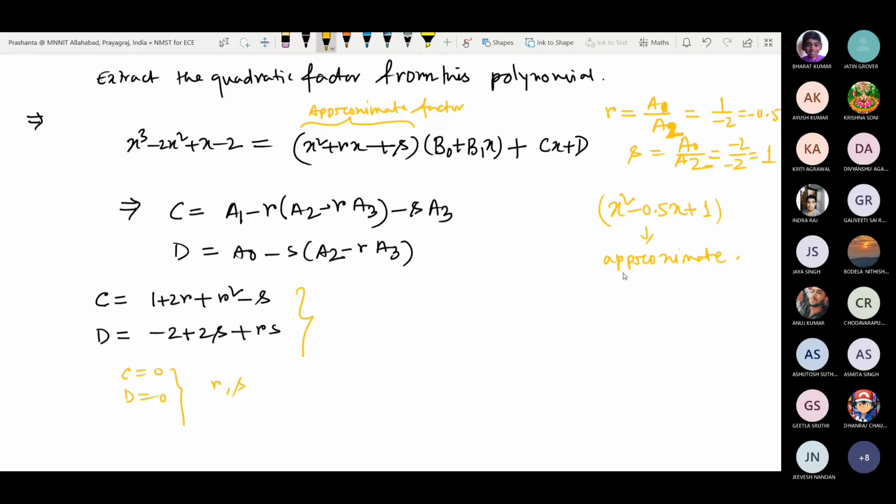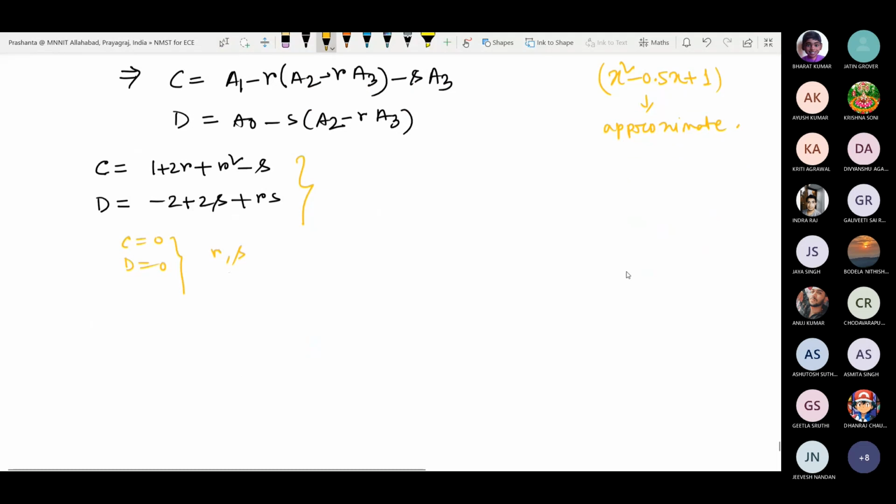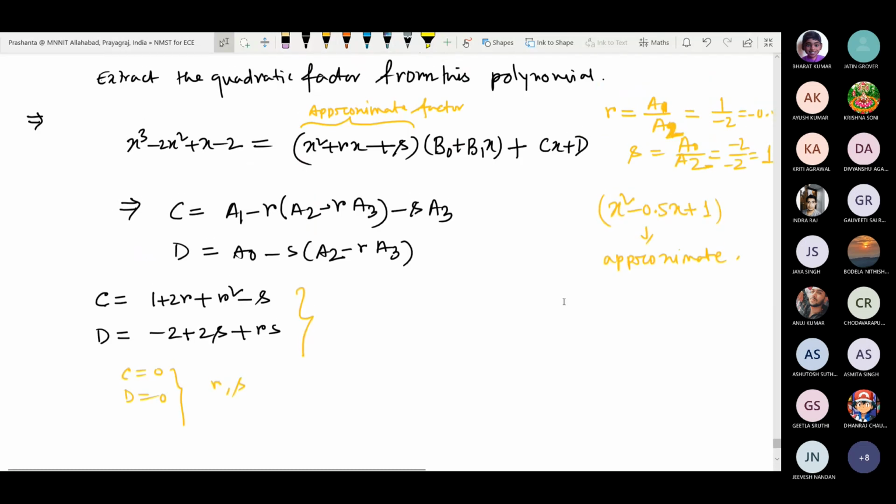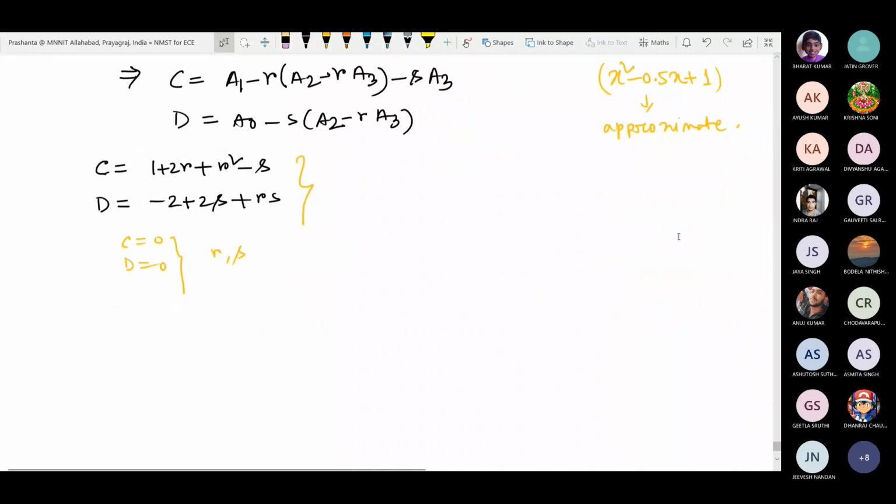So basically you will be solving R and S from C equals to 0 and D equals to 0. In general, solving a system of nonlinear equations is very difficult. So that is why you will have to adopt some iterative procedure to solve R and S from C and D equals to 0. That is why we started with some initial guesses of R and S. R was minus 0.5 and S is 1.